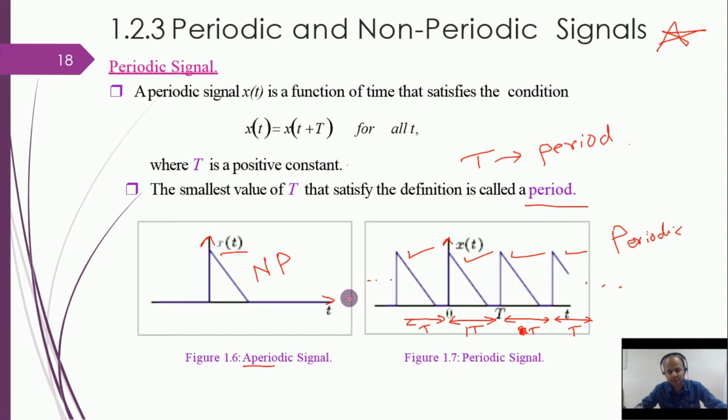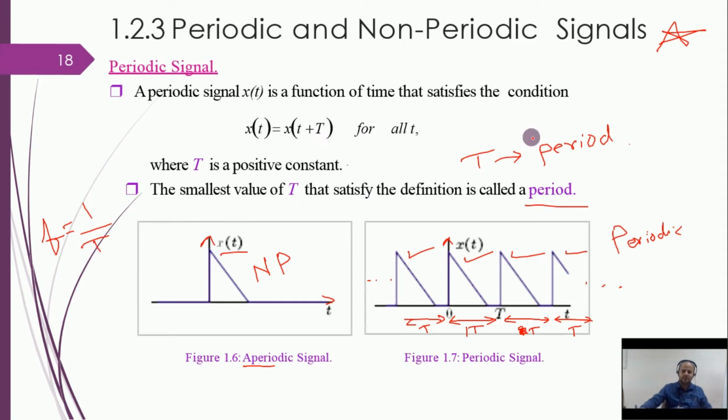To check whether it is periodic or non-periodic, you need to use this condition. As I've already said, we make use of frequency, denoted by f, which is the reciprocal of the period. F is nothing but the reciprocal of the period.